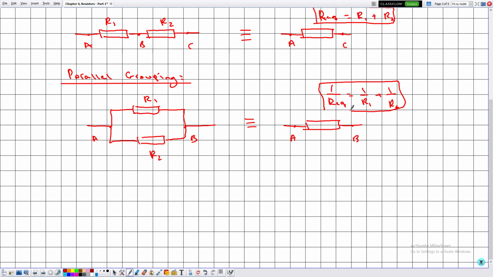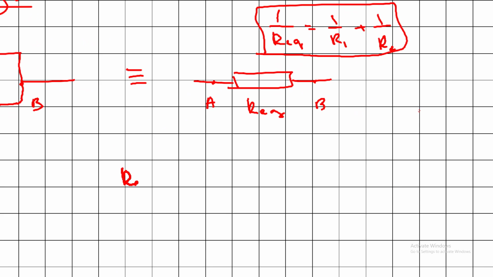Okay, so another formula we have seen previously in grade 9 is that one can say that R equivalent is equal to R1 multiplied by R2 divided by R1 plus R2. This formula only holds true if we have only 2 resistors in parallel.